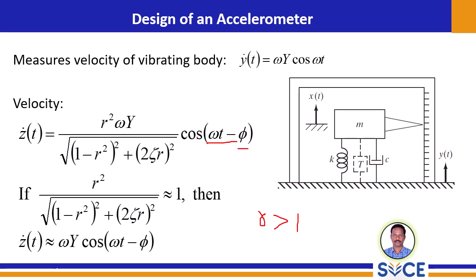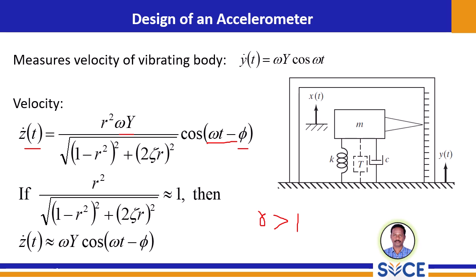So under this specific design condition, the relative velocity of the seismic mass is directly proportional to the velocity of the vibrating body we want to measure. By sensing this relative velocity, we can effectively determine the velocity of the vibrating body.